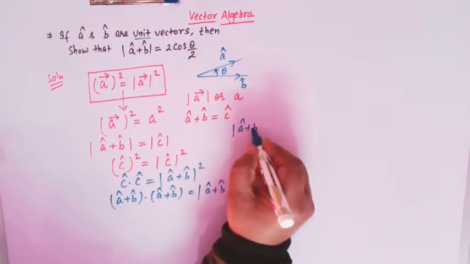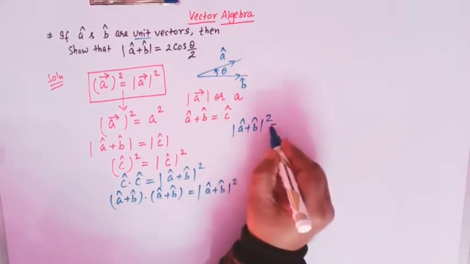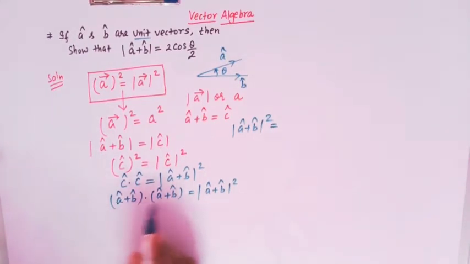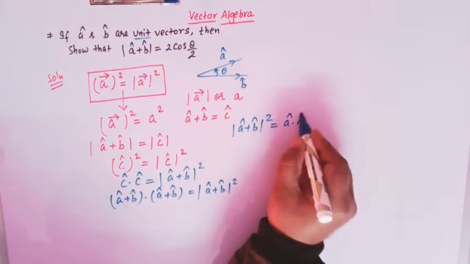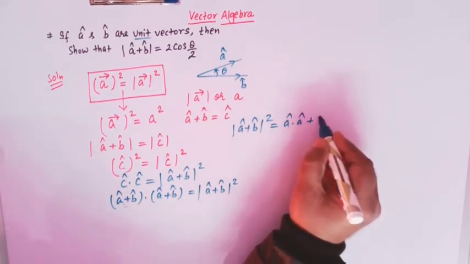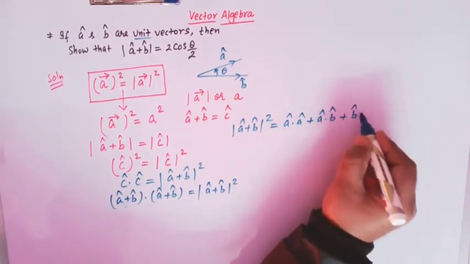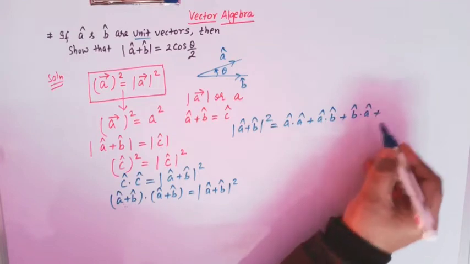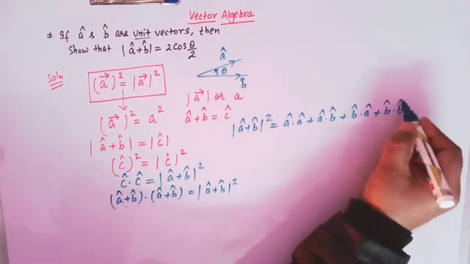So we have the square of the magnitude of a cap plus b cap, and here we have the dot product of these two vectors, which can be written as a cap dot a cap plus a cap dot b cap plus b cap dot a cap plus b cap dot b cap.